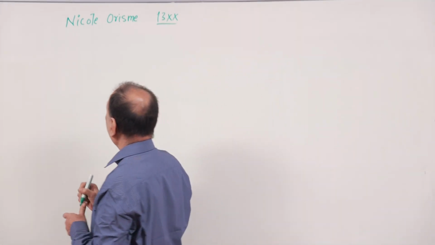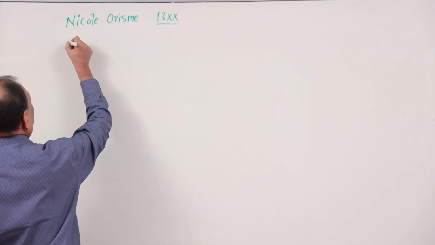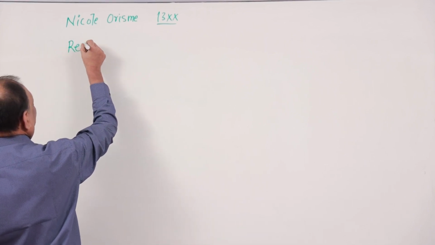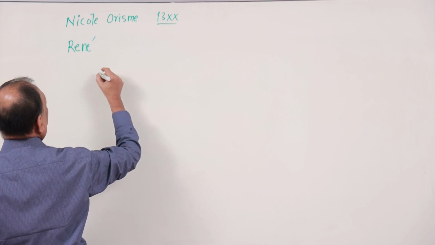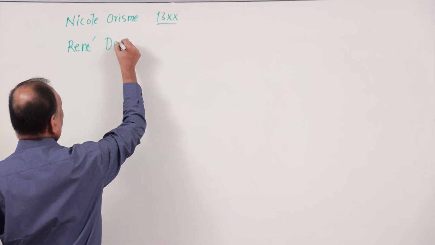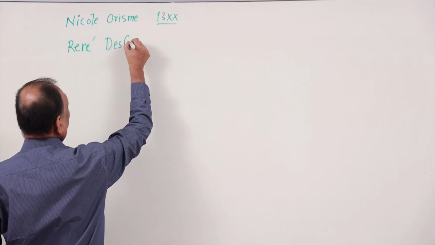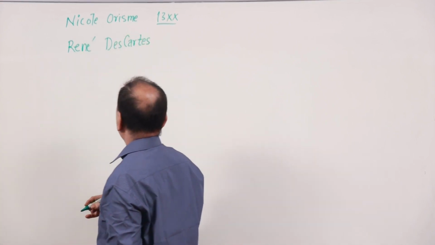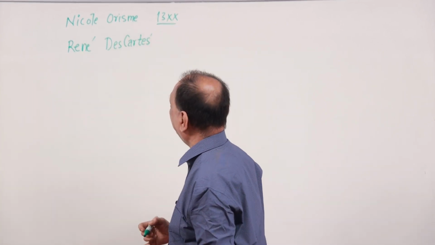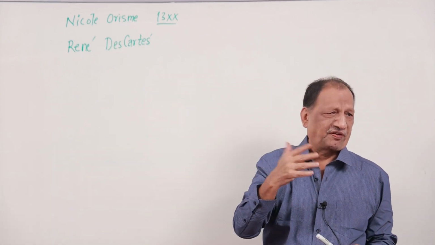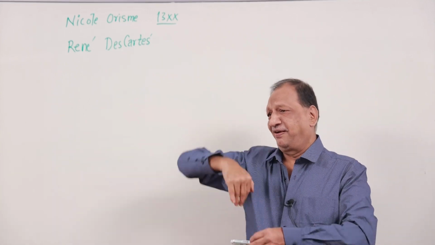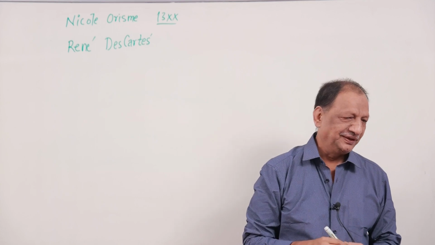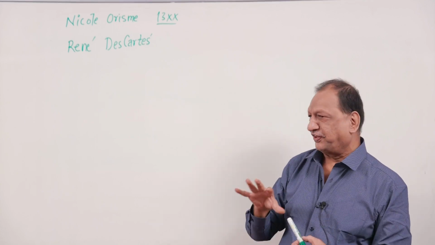And one of the famous French mathematicians of that time was René Descartes. In the French language, they write all kinds of apostrophe, comma, dash, and hats, and pronunciation is always a problem.